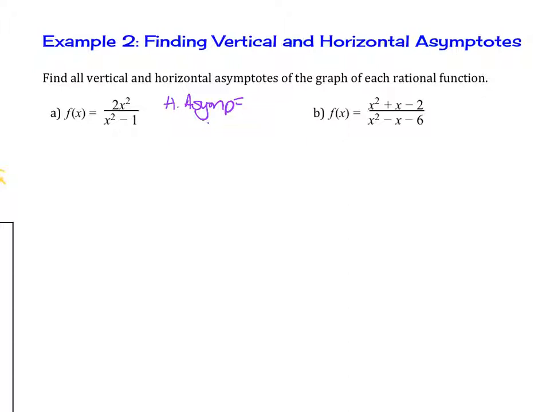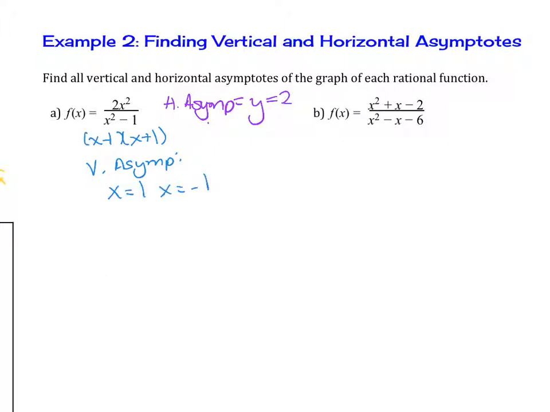So the horizontal asymptote is y equals 2. It's a horizontal line. Then to figure out the vertical asymptotes, we need to find the zeros of the denominator. So this is x minus 1 times x plus 1. We have vertical asymptotes at those zeros, at x equals 1 and x equals negative 1.